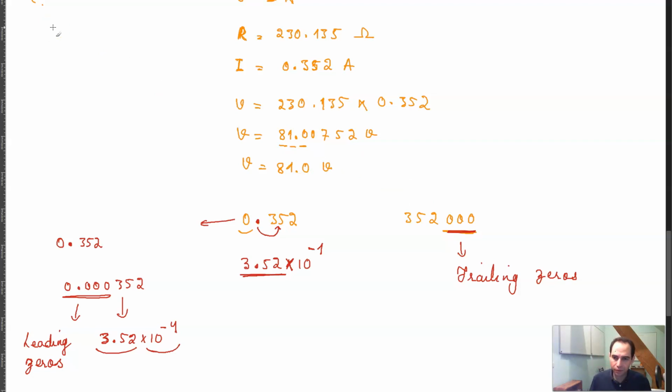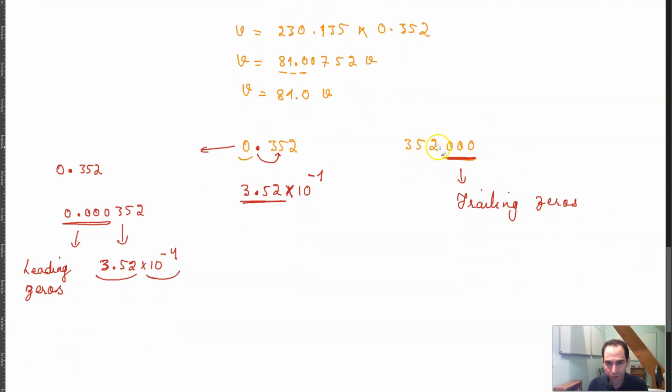Okay, so about trailing zeros. Basically, having the same number, 352,000, for example. You could measure something, whatever that might be. For example, let's say there is a number of people in a town, for example 352,125 people in a town, right?